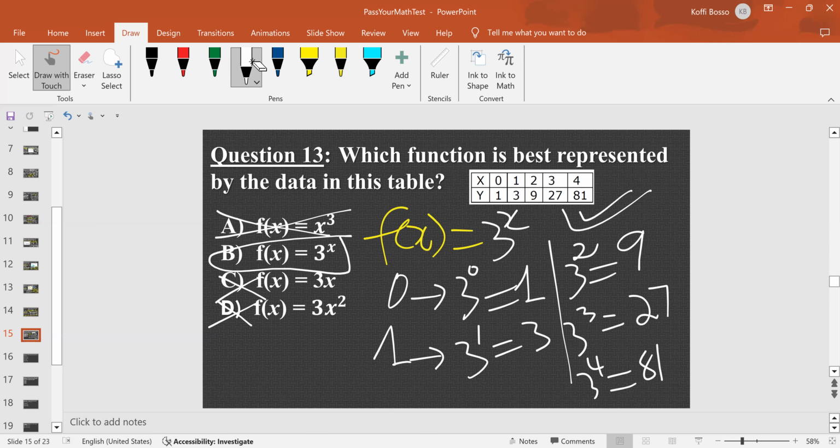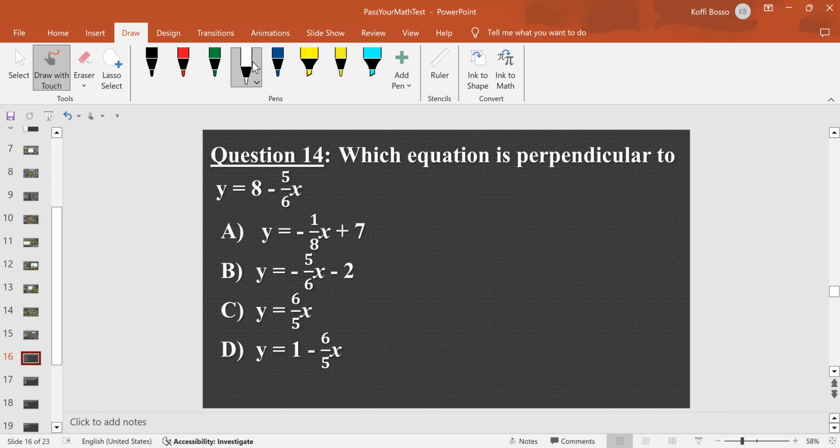Okay. Question 14. This is another question, and the concept is very important to understand. So for question 14, pause the video, try before you check the answer. But I can tell you that the answer here is C. How?